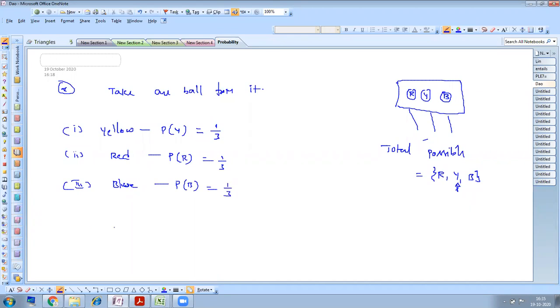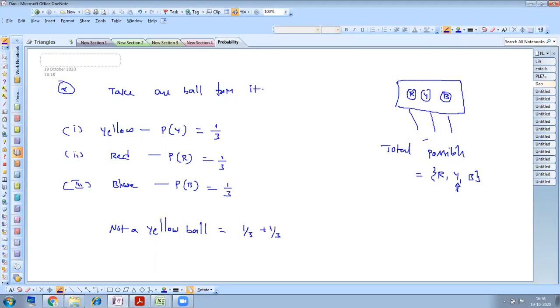Suppose I ask, what is the probability of getting not a yellow ball? What is the meaning of not a yellow ball? Other than yellow, everything, correct? So 1 by 3 plus 1 by 3. Why?